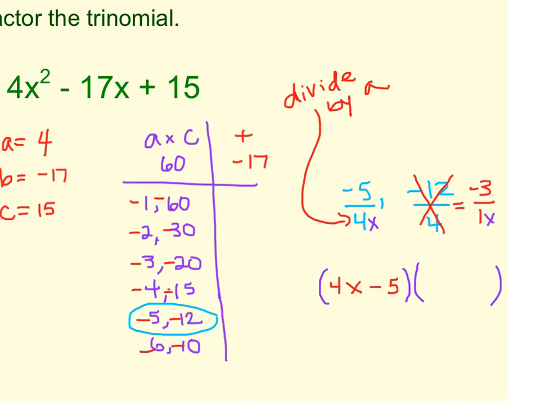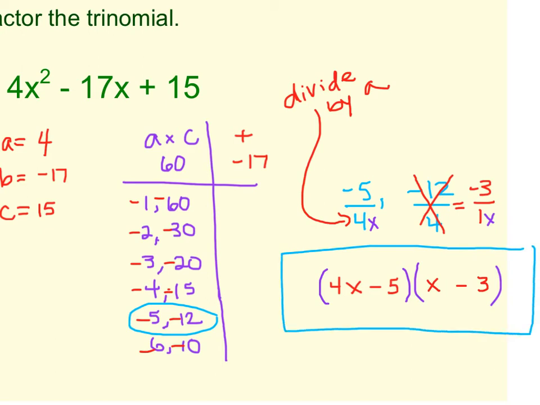So basically, this fraction becomes our binomial inside our parentheses. Now the next one, you have a 1x, which is the same thing as x, and then a negative 3 on top, so we're going to say minus 3. So this is the correct answer. This is factored correctly. We didn't guess, we didn't check, we just know that it's correct because we followed all the steps perfectly. So that is our answer.